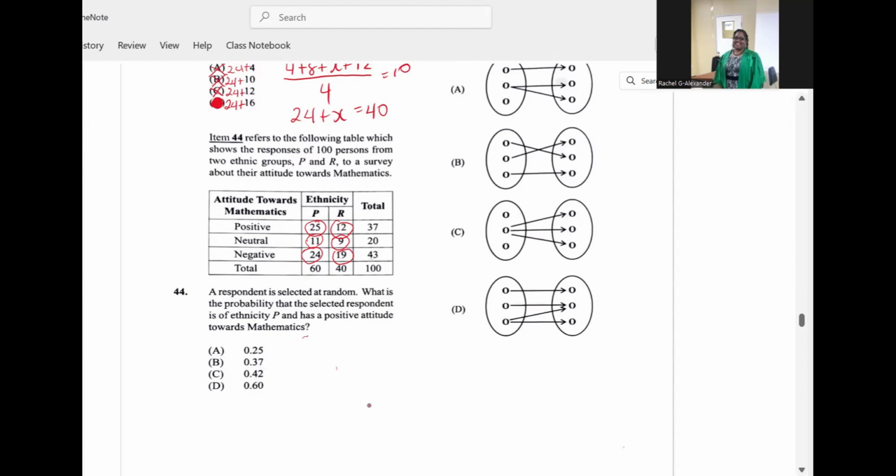So what they're asking is, what is the probability that the selected respondent is of ethnicity P and has a positive attitude? So P and positive is 25, right? There are 100 persons in the survey. So 25 over 100 is, well, it's a quarter. But in this case, we have the answer as a decimal, so it's really 0.25.